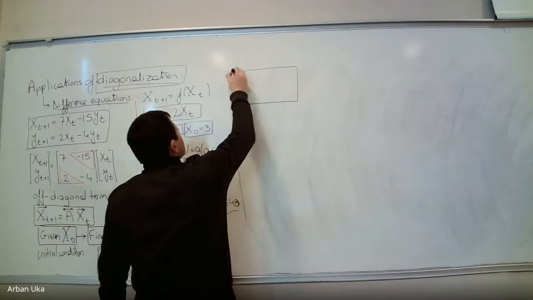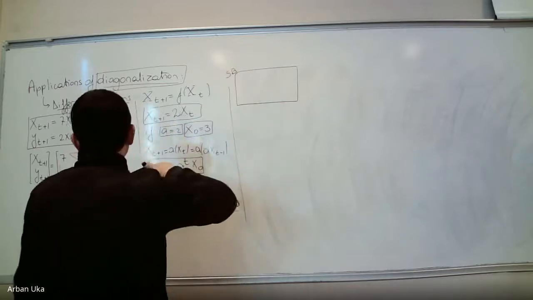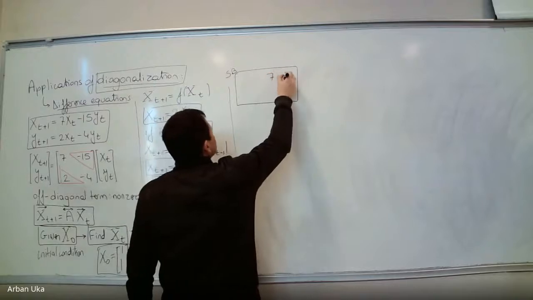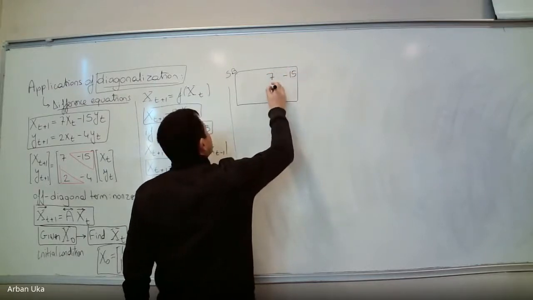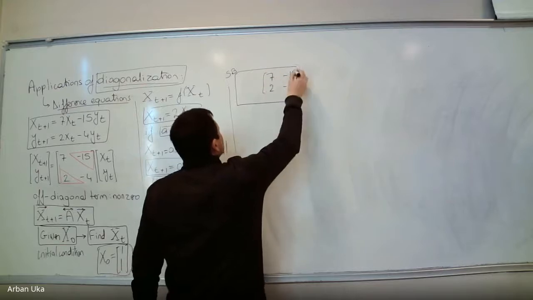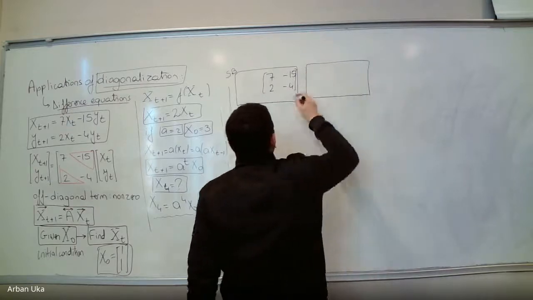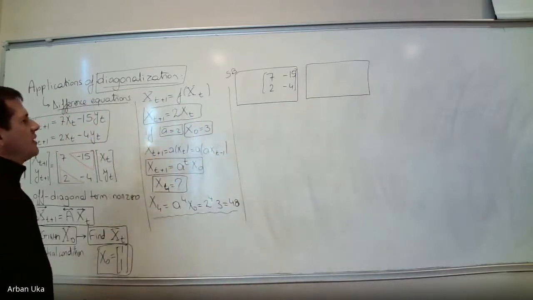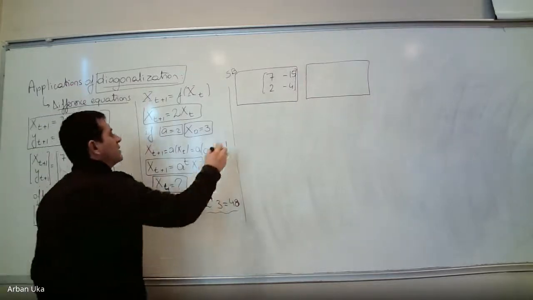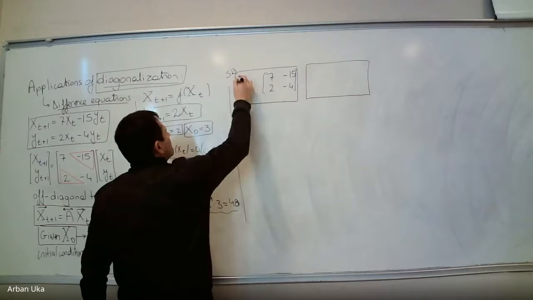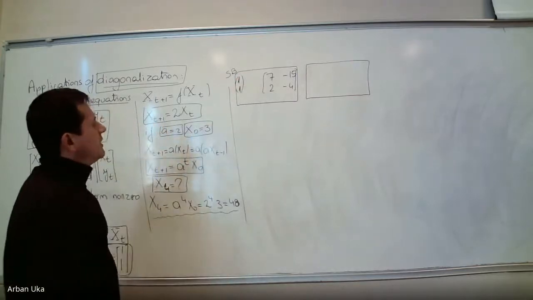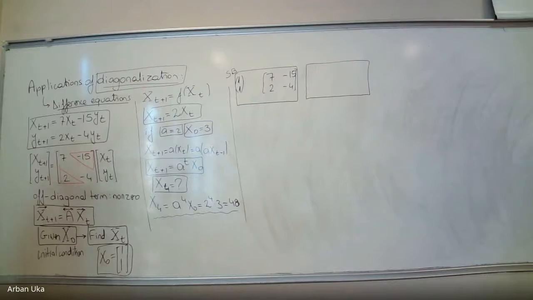So this is the standard basis, and the standard basis relationship is 7, minus 15, 2 and minus 4. So here we have the matrix A, and we want to determine immediately another matrix which is diagonal. And then here we have the x0, which is 1, 1, okay? So this is one variable. And now we want to diagonalize the system. The first thing that we should move on to is to find the eigenvalues and the eigenvectors.